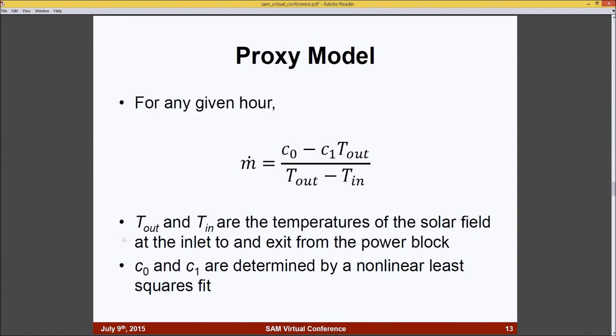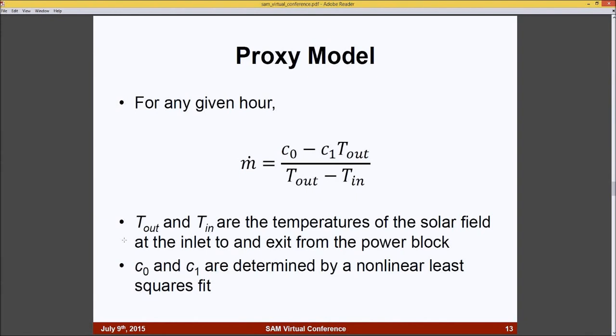What's important is that we only need to be able to analyze 1 hour at a time, and the way that SAM is set up to work, it's intended to analyze the entire year. So we're going to try to make a proxy model that can handle this on an hourly basis. And we also want it to be a smooth functional form, so that we can have clean derivative estimation inside of our system solution.